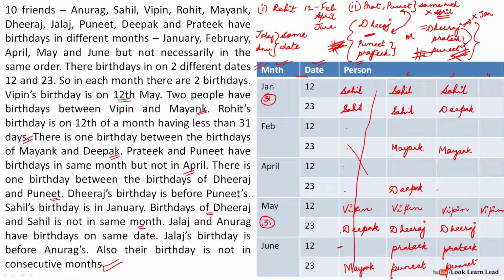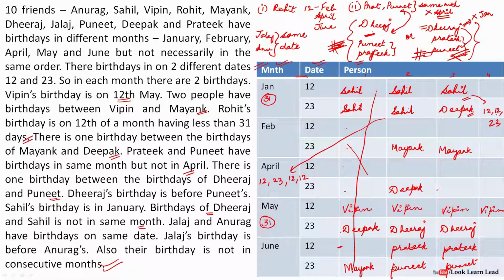So here we have the options of Sahil: January 12, January 23, February 12 and April 12. In this scenario we have fixed Sahil and Deepak, so we have the options of 12, 12 and 23, that is February 12, April 12 and April 23.